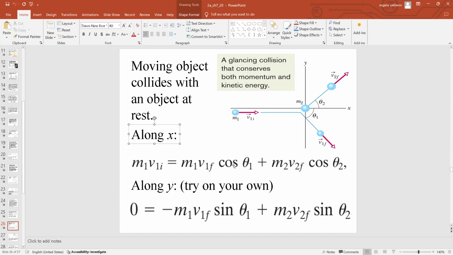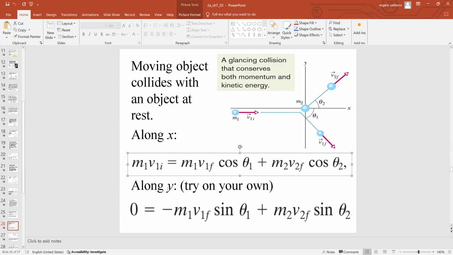And if it's adjacent, then it's the cosine function. So this is your momentum after the collision for the first ball. And the second ball goes in this direction. You can also see that the x component is adjacent to theta 2. So if it's adjacent, it's the cosine function. And the second ball gains this much momentum. And the overall momentum must be the same. Whatever you had before will be split between the two balls. And the x component is conserved.